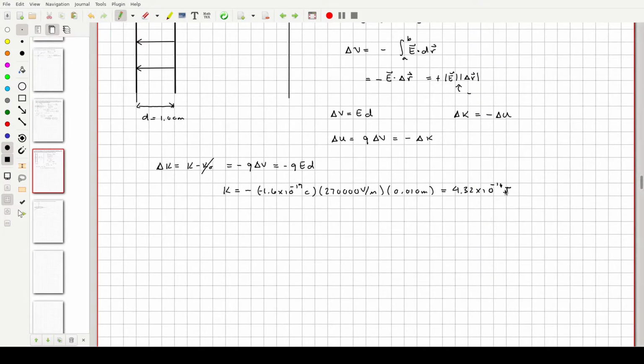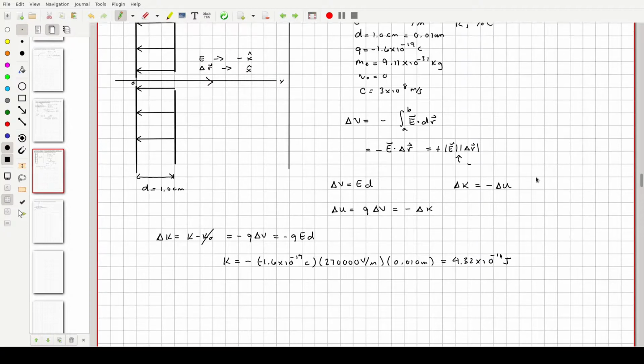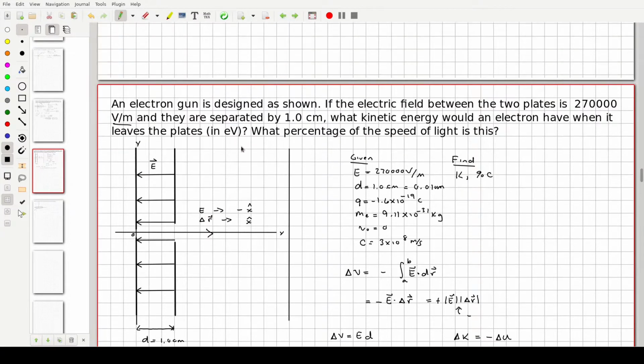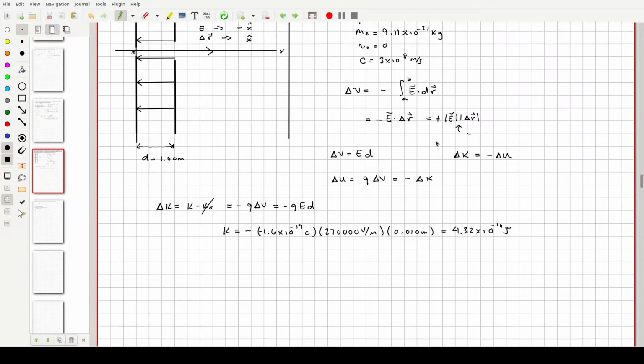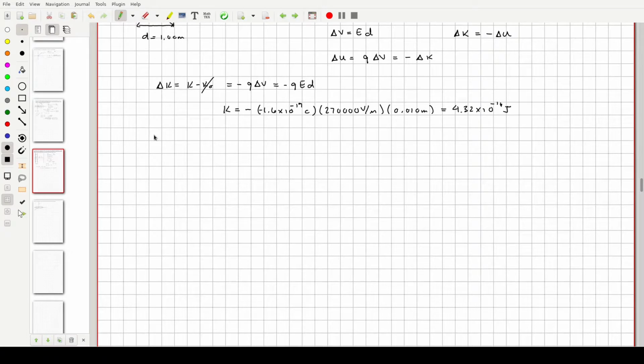Now this is a tremendously small amount of energy, which is the reason why in the problem what we want to do is to express the energy in what's called an EV. Okay? Now an EV is an electron volt. So 1 EV is the same thing as the energy that it takes to make 1 electron travel across 1 volt of potential difference.